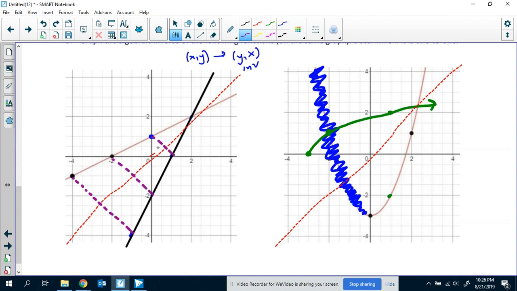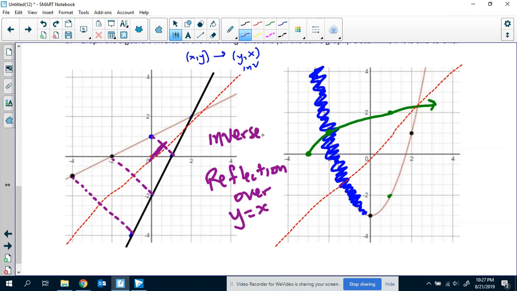Notice they're the same distance away. Well, they would be the same distance away if I drew this line a little better. So the line y equals x would actually go kind of through here. So notice that there is a reflection over y equals x for inverse functions. So inverse functions reflect over y equals x.